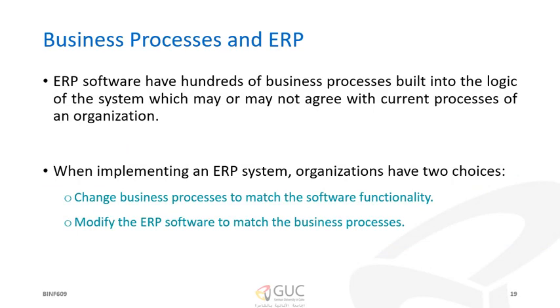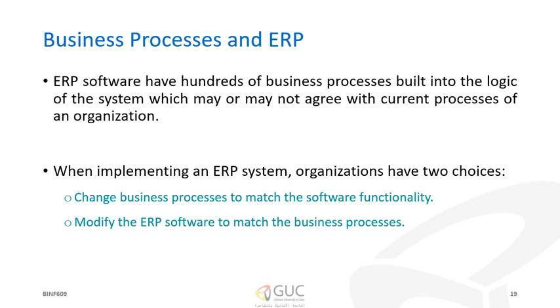Now let's go back to business processes and ERP. The ERP software has hundreds of business processes built into the logic of the system. These processes may or may not agree with the organization's current business processes. That means the organization has two choices when implementing an ERP system.